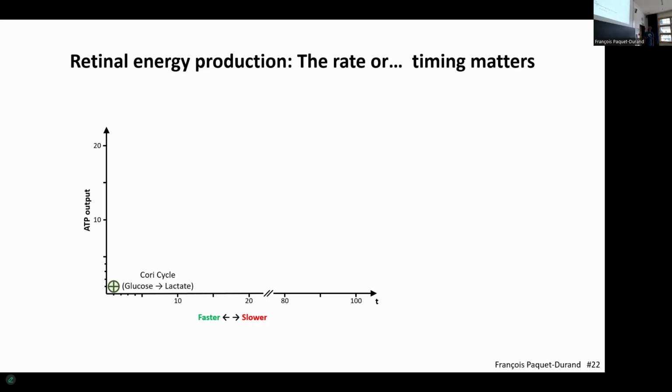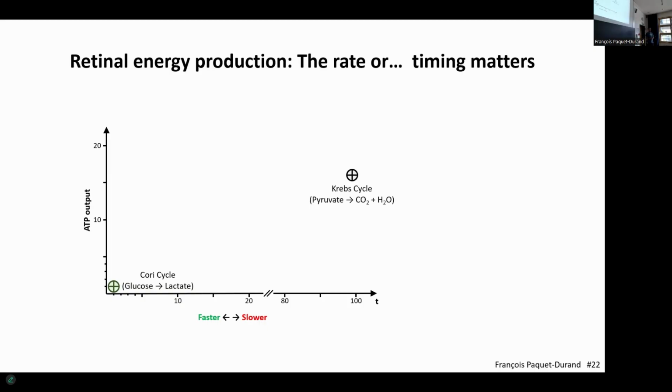And now if we think about glycolysis, as it would happen in the Cori cycle, and we just say there's 1 ATP unit that comes out of this per pyruvate input, and 1 unit of time that is used for this. And we compare it to the conventional Krebs cycle, where pyruvate is oxidized to carbon dioxide.